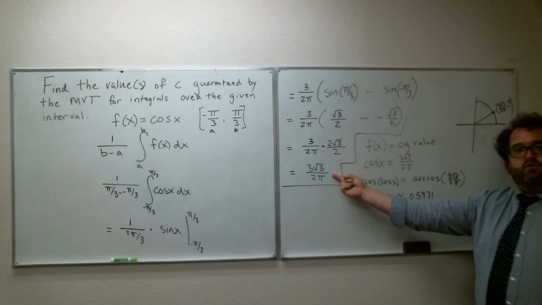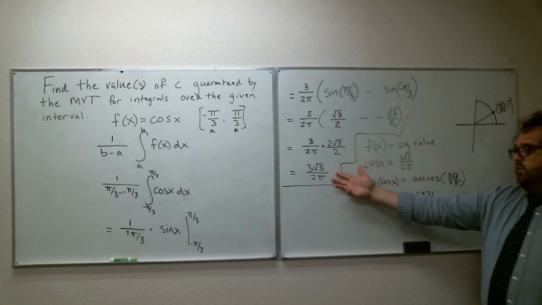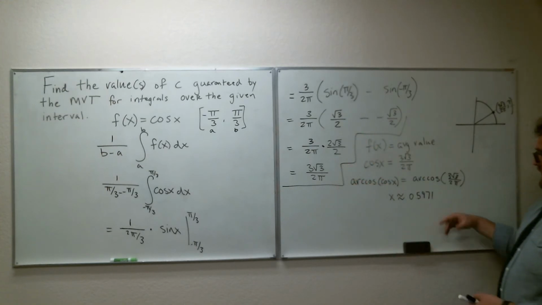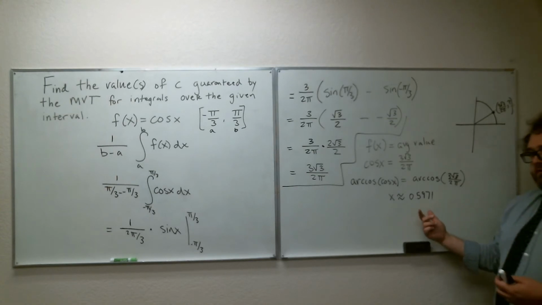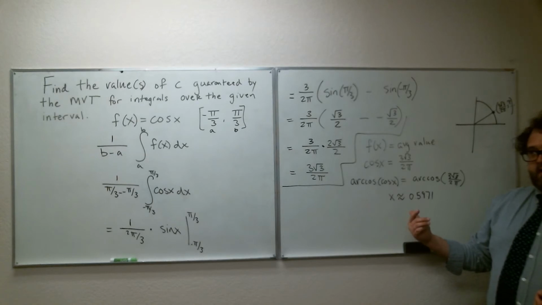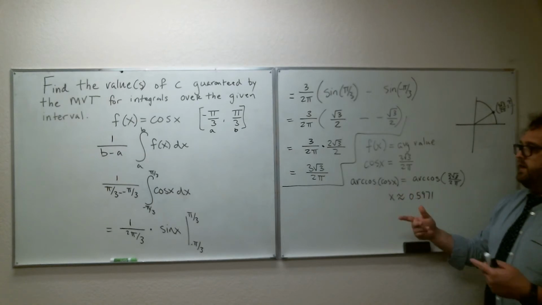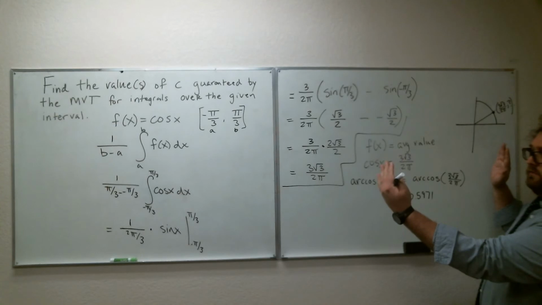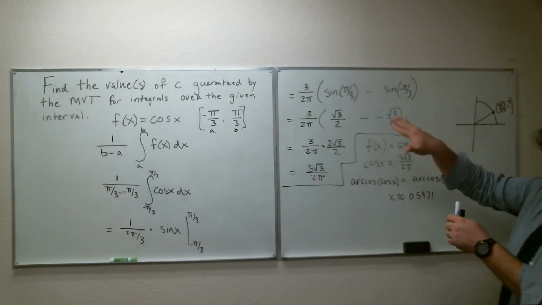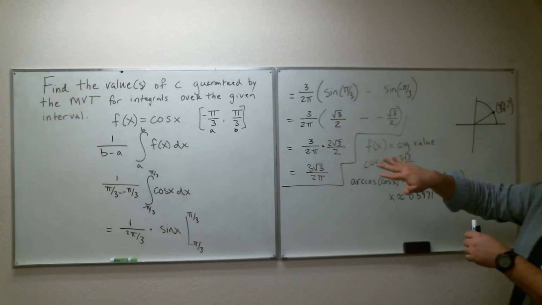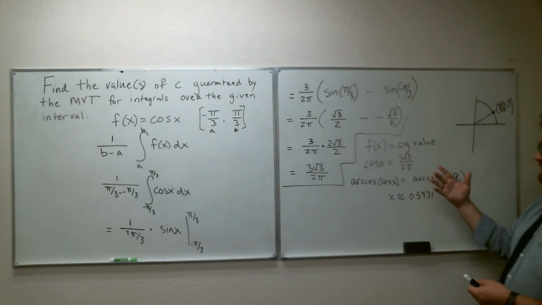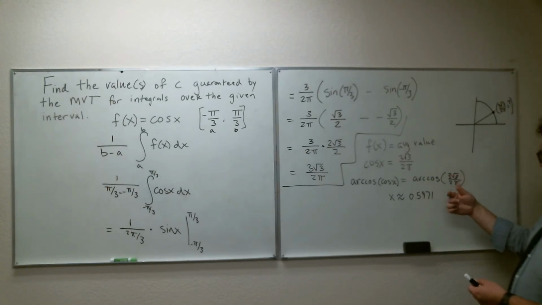That is, we get the average value, the average y value of the function that was guaranteed by the mean value theorem. So there's one solution, but I think because of the periodic nature of cosine, we're going from negative pi over 3 to pi over 3. So we're going essentially along part of the top of a cosine curve. I think we're going to have this maybe twice. And to verify it, think about it this way.